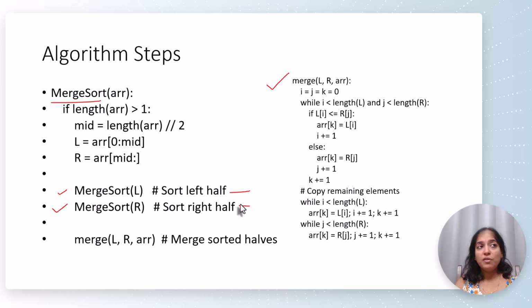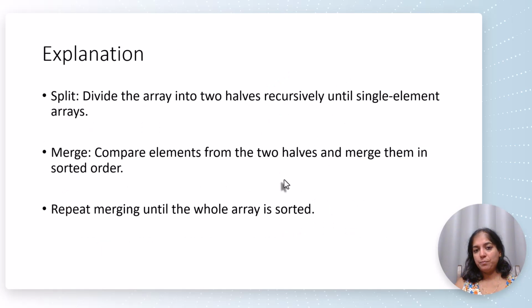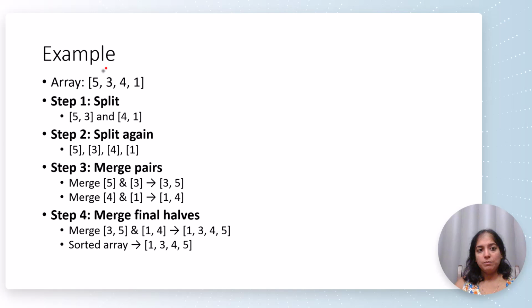And once all of your array is split, then you call the merge function to merge the elements. So the split method divides the array into two halves recursively until single element arrays, then perform the merge operation to merge two halves in sorted order. Repeat until the whole array is sorted.